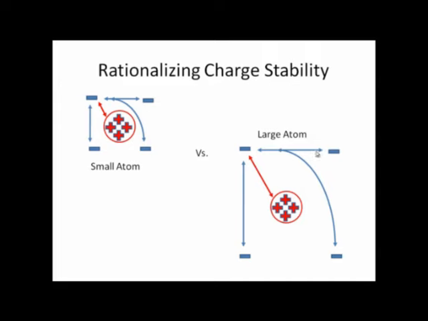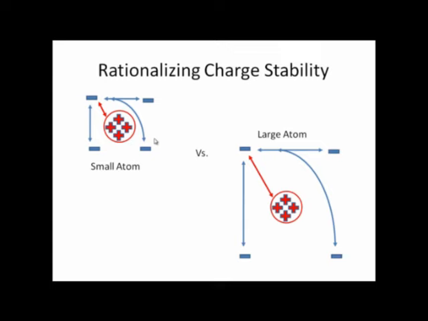So it's easiest to rationalize how we stabilize negative charges. We know that in small atoms, a negative charge is less stable than in a large atom, and that's because if you imagine adding another negatively charged particle into a small atom, it would be quite close to all those other negative charges that are already there.